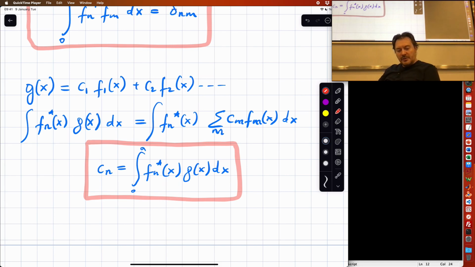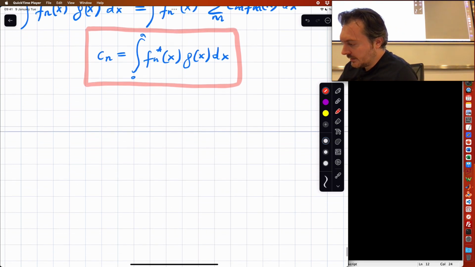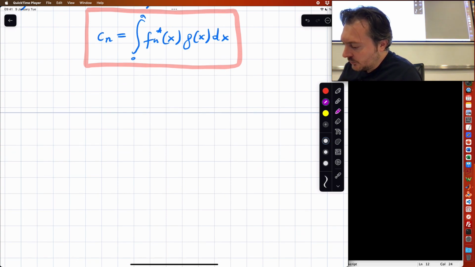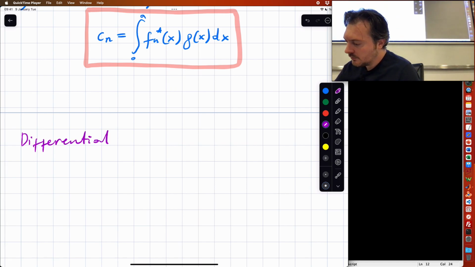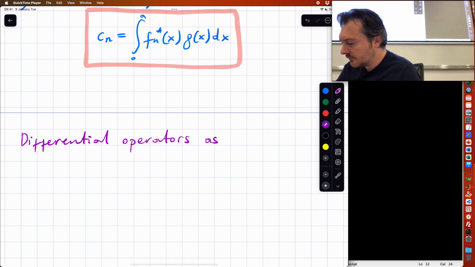I have one more point, but to make that point, I need more than 4 minutes. So let me just prepare you for that point. The next time we are going to talk about differential operators as infinite dimensional matrices.